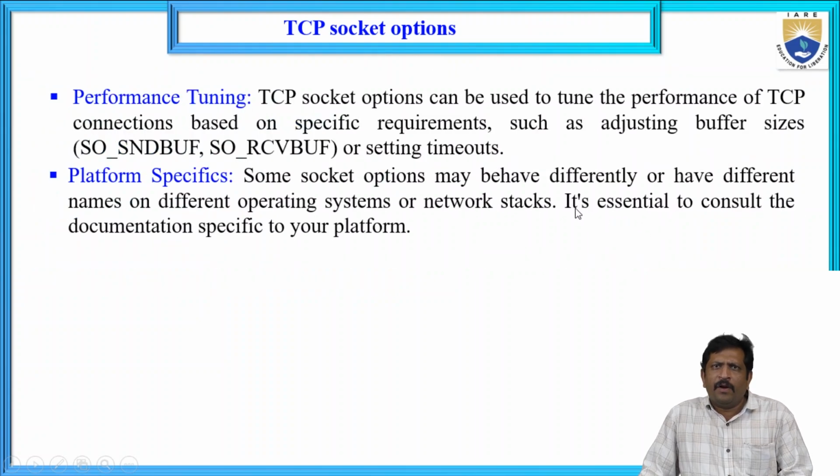Here, the performance tuning option. With this option, TCP socket options can be used to tune the performance of TCP connections based on specific requirements, such as adjusting buffer sizes, that is the socket send buffer and socket receive buffer, or setting timeouts.